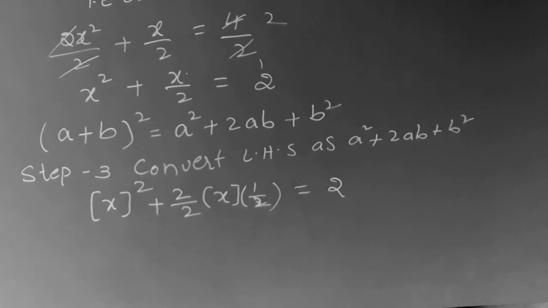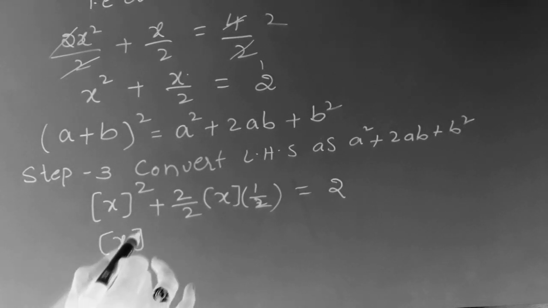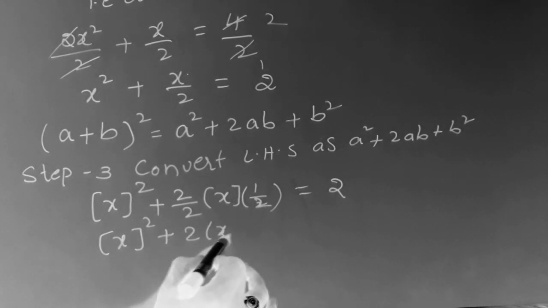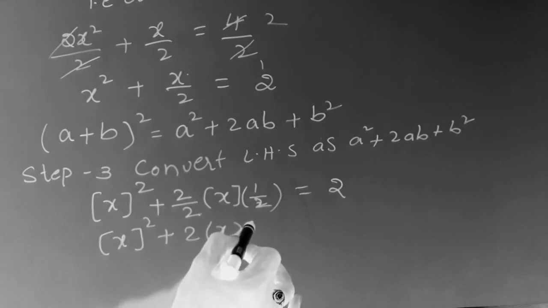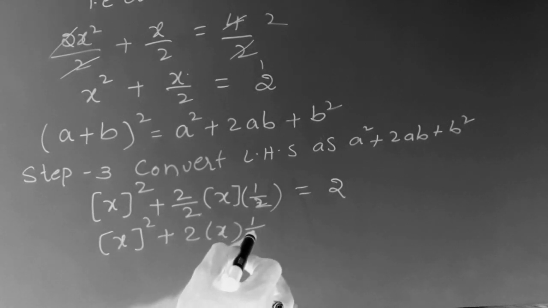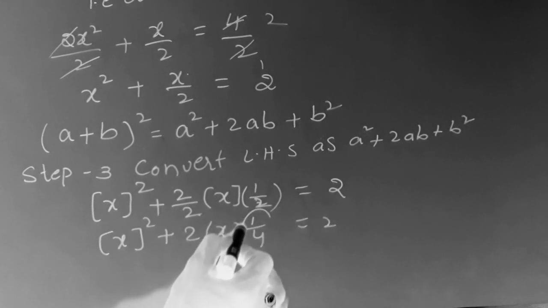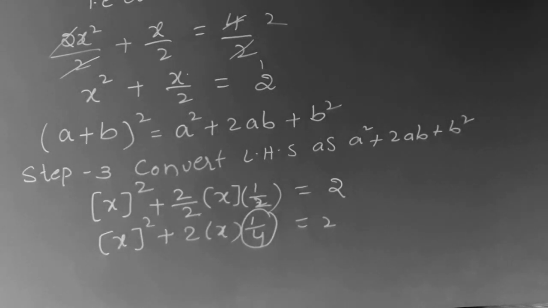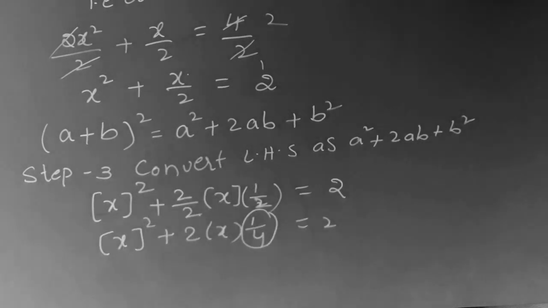In the next step, x square plus 2, a is nothing but x. So denominator 2 is there. This 2 and this 2 both get multiplied, the result is 4. So 1 by 4 is the value of b. That is 2ab. Now b square we have to add to convert into a square plus 2ab plus b square.